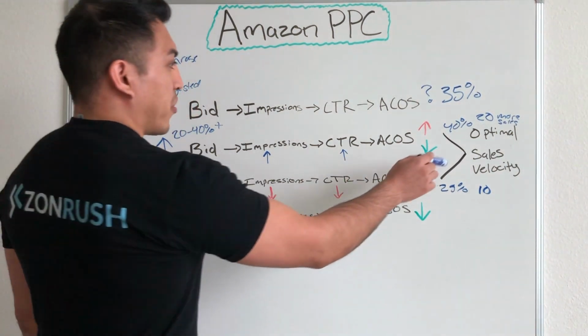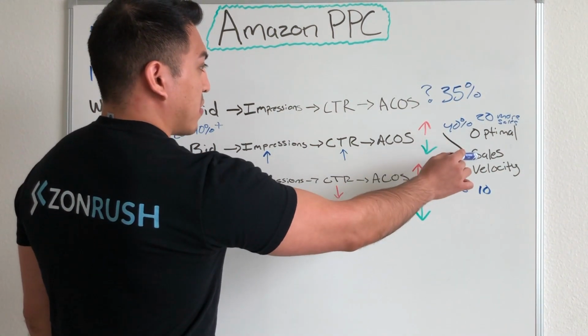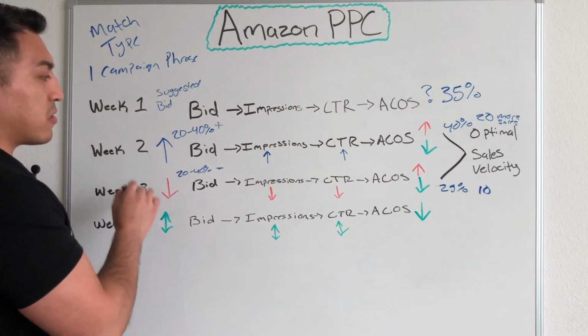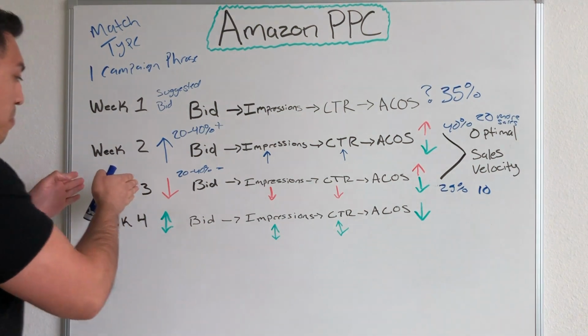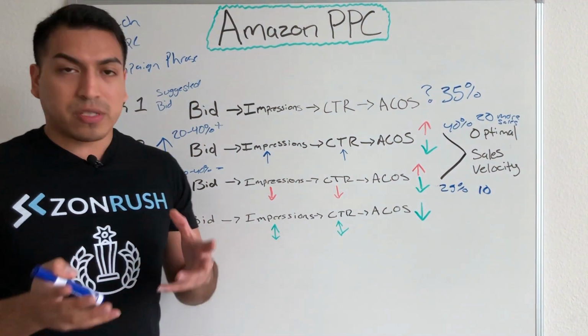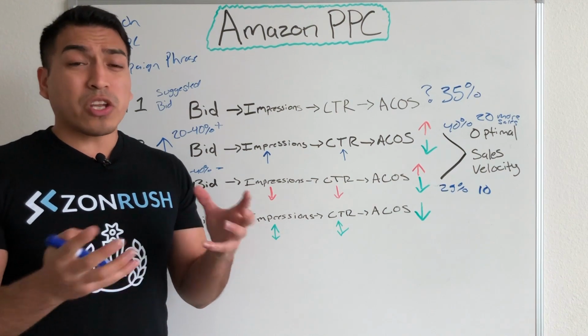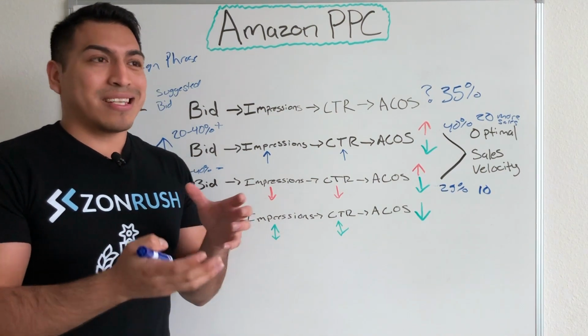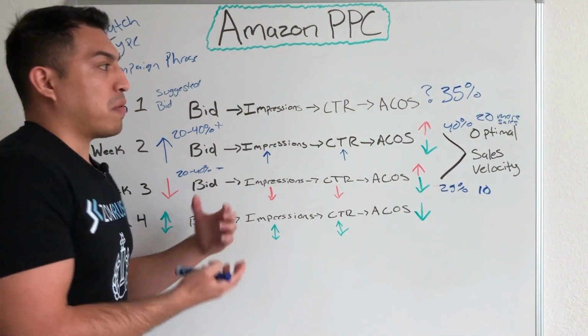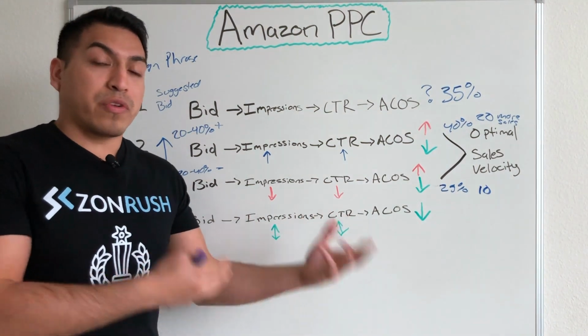But you're not going to know what your optimal sales velocity point is and ACoS without testing. And the reason why it's chunked by 7 days is because you need adequate data to guide your decisions. Okay, so you're letting the data help you make better informed decisions with your Amazon business.